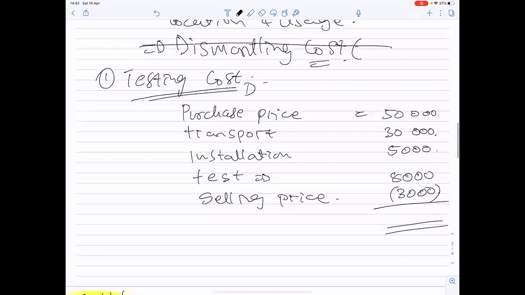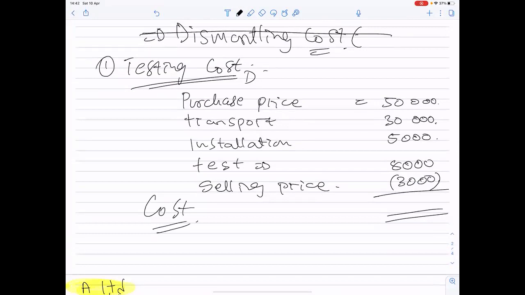So the cost of the asset is going to be 50 plus 30 plus 5 plus 8 minus 3. So the cost of the asset is going to be 90,000.